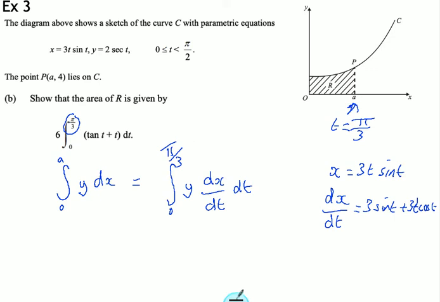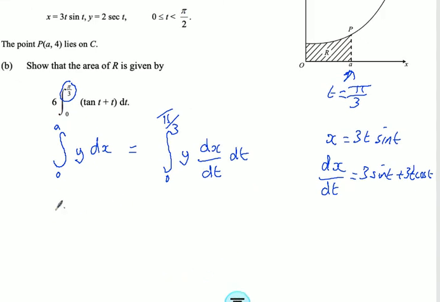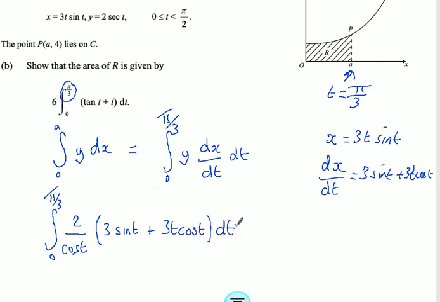So now we can actually rewrite this integral as the integral between pi over 3 and 0 of y, and y was, I'm going to write it as 2 over cos t, so that's 2 sec t, wasn't it? And then that's going to be multiplied by 3 sine t plus 3t cos t with respect to t. So we're nearly there.